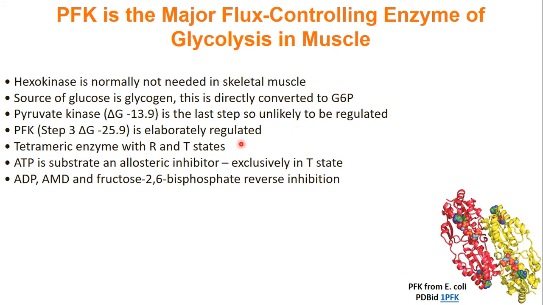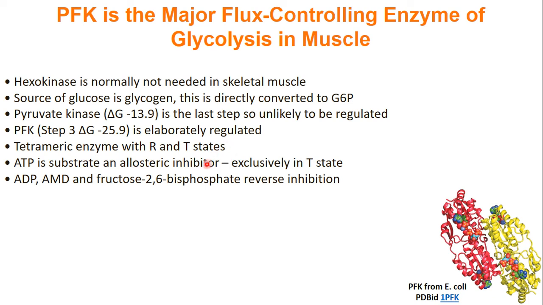Like the hemoglobin we looked at in Biochemistry 1, this has an R and T state, R for on, T for off. It's tetrameric, with 4 subunits. ATP is its substrate, but it's also its inhibitor, which makes sense. In glycolysis, you're trying to make ATP, so if you have a lot of ATP around, stop doing glycolysis so much.